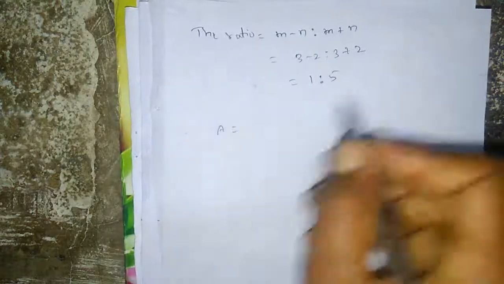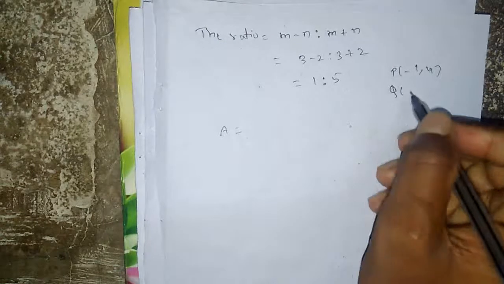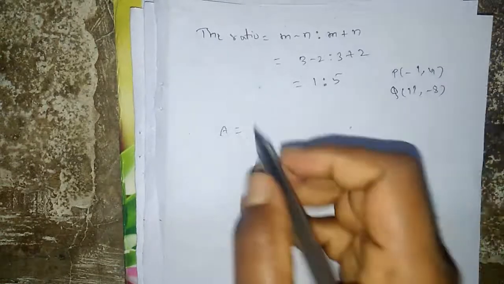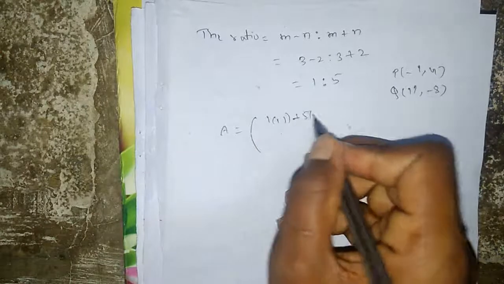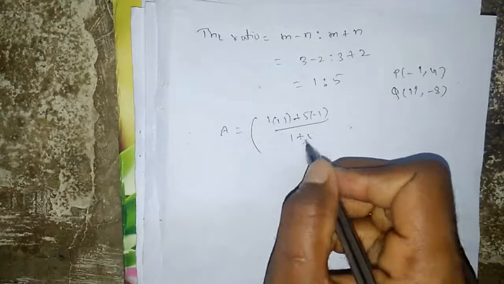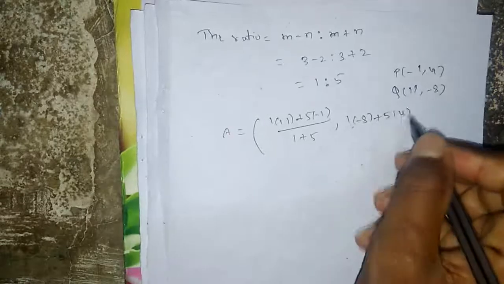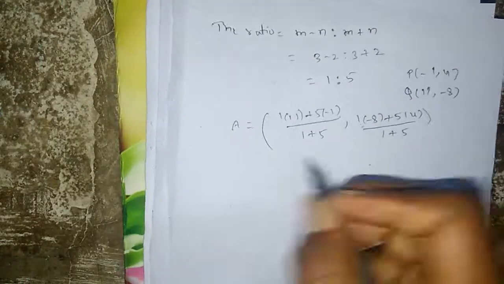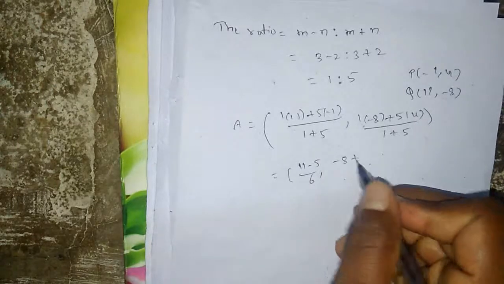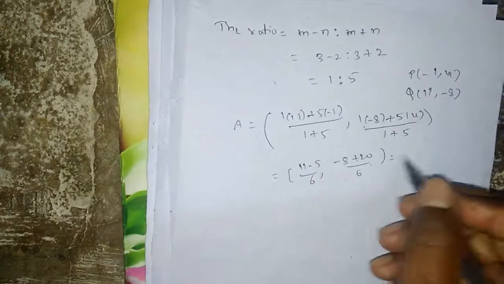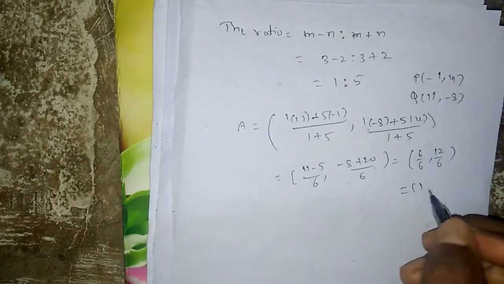Now coordinates: here P is minus 1 comma 4, Q is 11 comma minus 8. A is 1 into 11 plus 5 into minus 1 by 1 plus 5, 1 into minus 8 plus 5 into 4 by 1 plus 5. 11 minus 5 by 6, minus 8 plus 20 by 6. That is 6 by 6 comma 12 by 6, that is 1 comma 2.